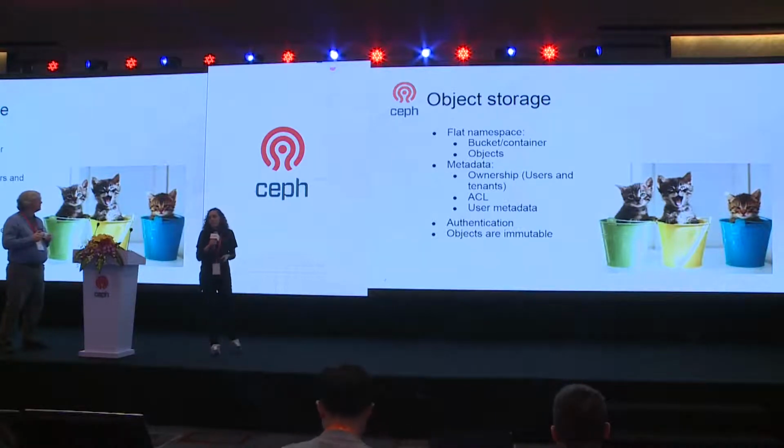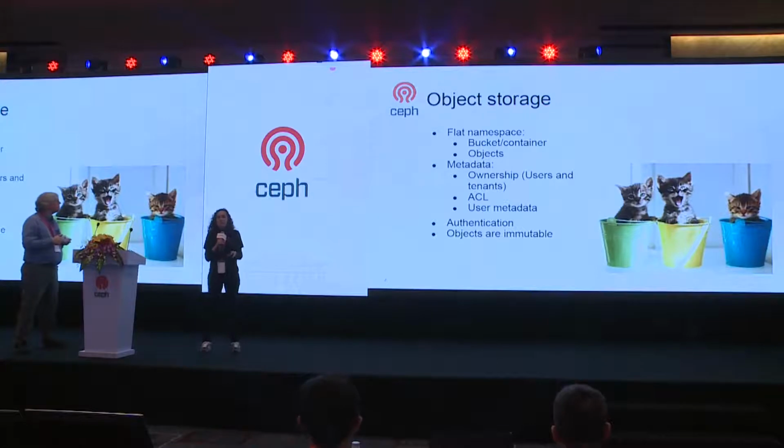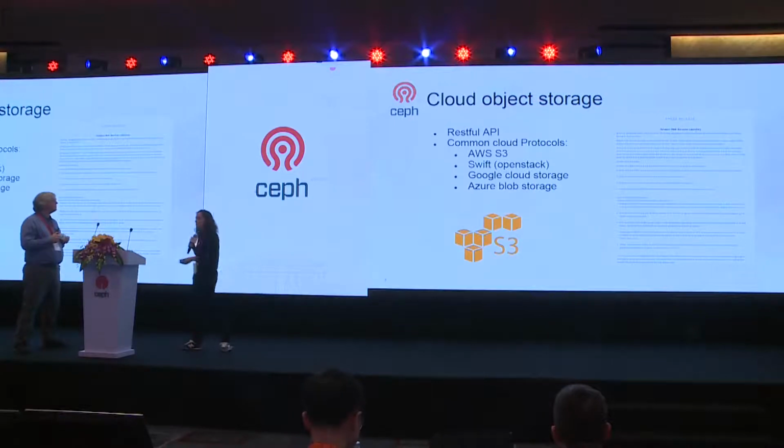Now we're going to talk about very nice features object storage has that make it very useful. But first we're going to talk about cloud object storage. Object storage was invented long before the cloud was there, but it didn't catch on. People used block and file, but what changed is that we got the cloud.